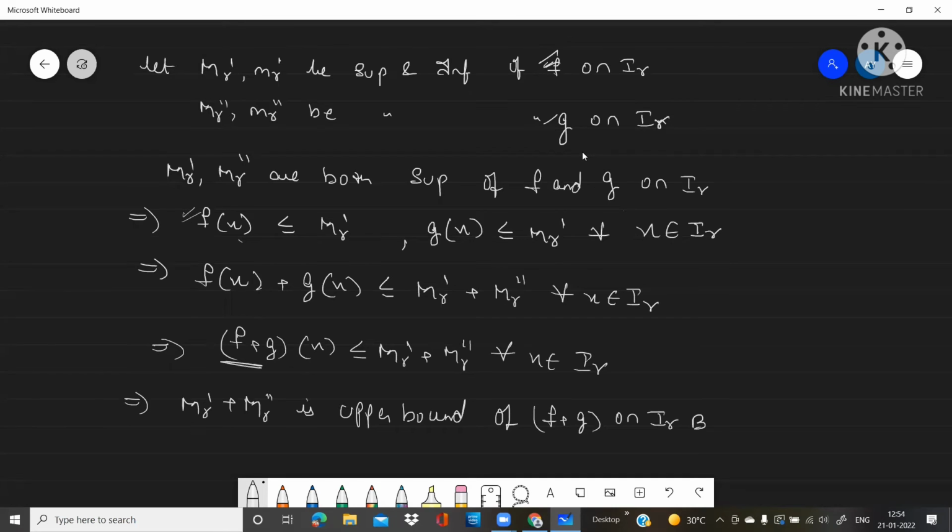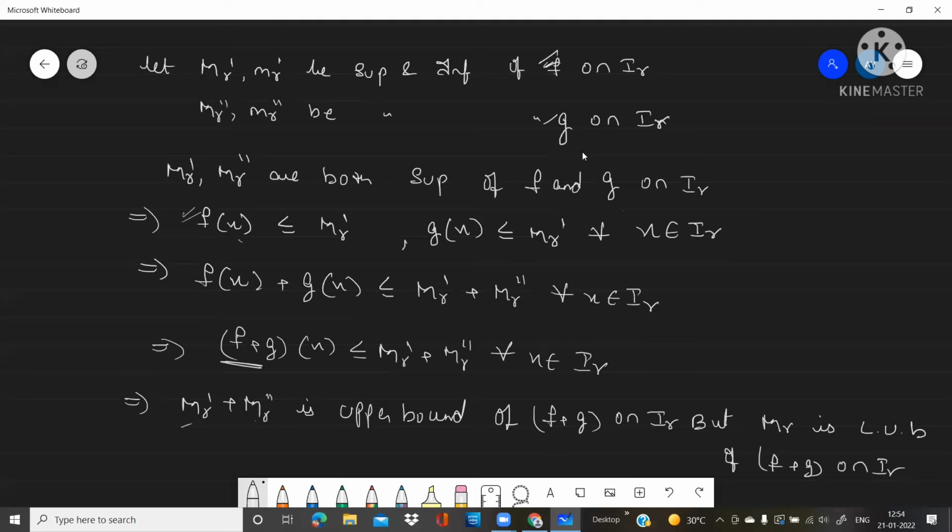But capital MR is the least upper bound of f plus g. Both of these are normal upper bounds, but what is the least upper bound? That is the supremum. Capital MR is the least upper bound, I'll just write LUB, of f plus g on IR.